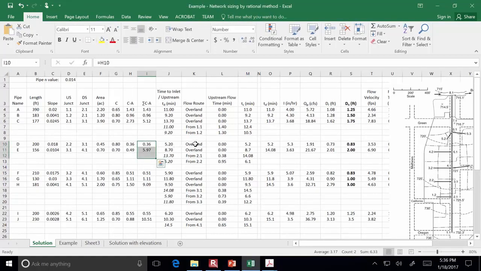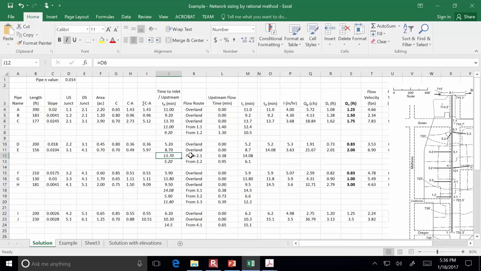We have to look at whether the water is flowing over the land or through the pipe network. And if it's through the pipe network, the times are a lot longer, because it's not only the overland flow time, but also the cumulative transit time that it takes.